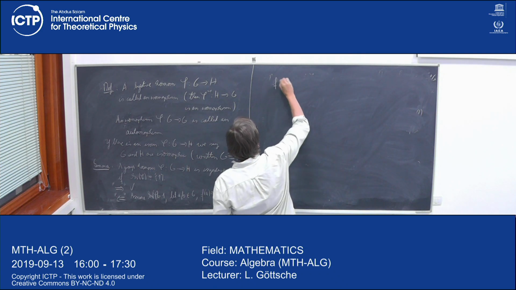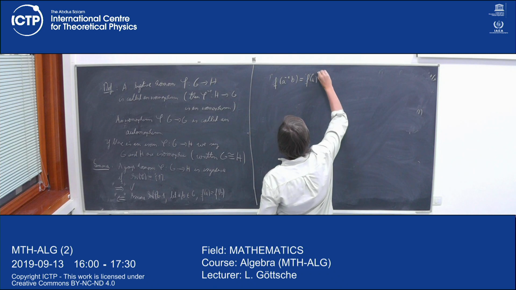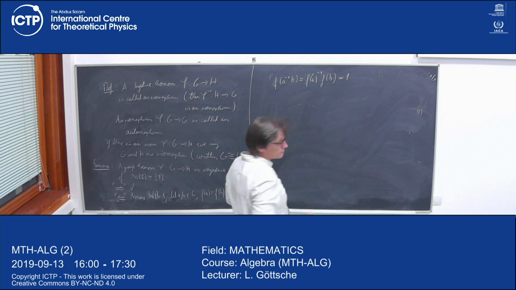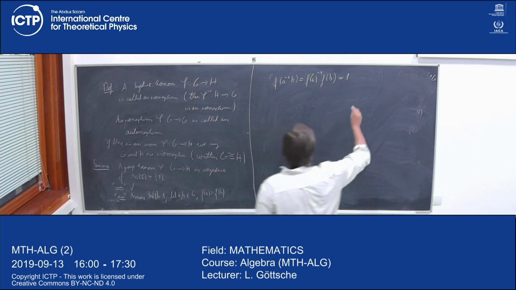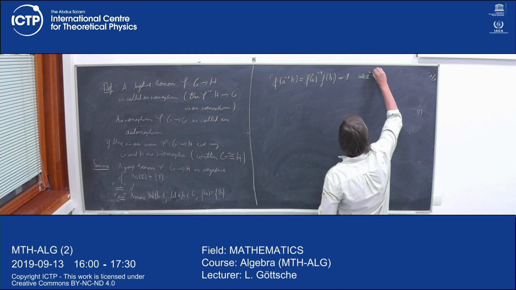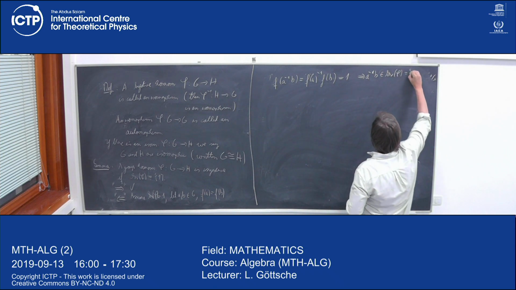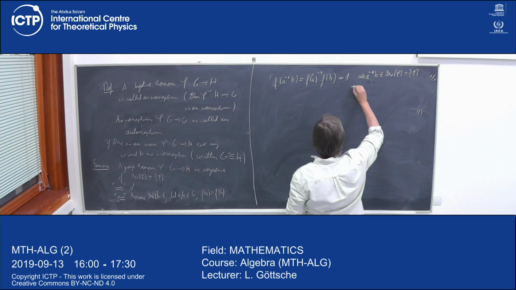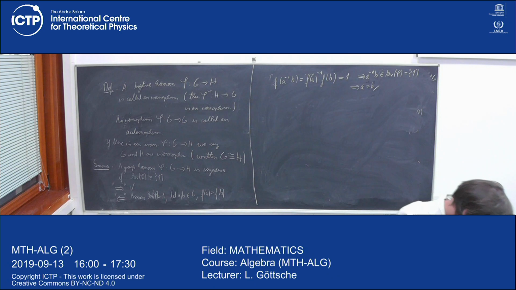If we take f of a to the minus 1 times b, this is f of a to the minus 1 times f of b, which is equal to 1, because f of a is equal to f of b. So that means that a to the minus 1 b is an element in the kernel of φ, which is 1. So if I multiply with a, it follows that a is equal to b. Okay. So that's all, and so therefore f is injective.